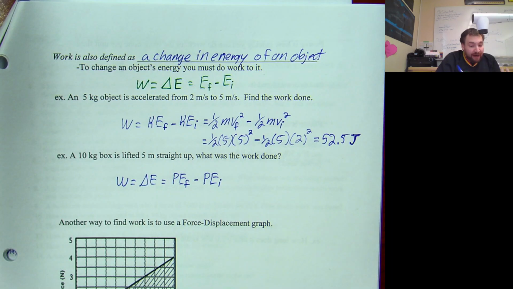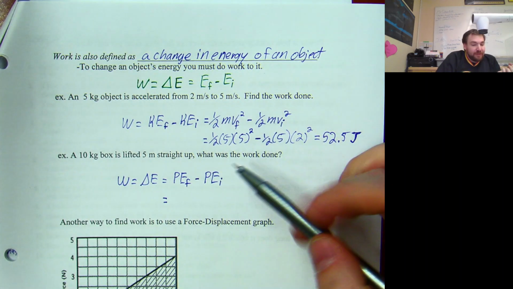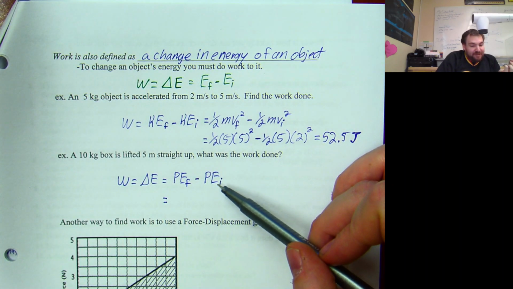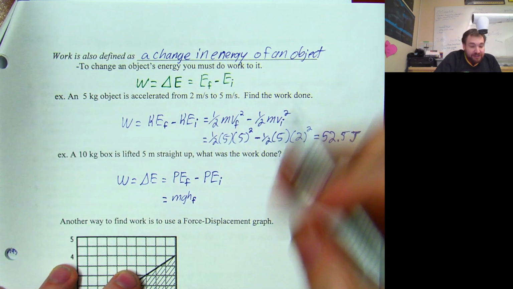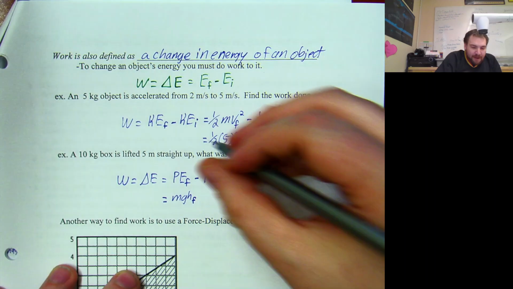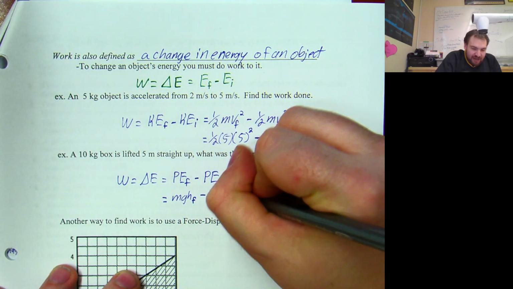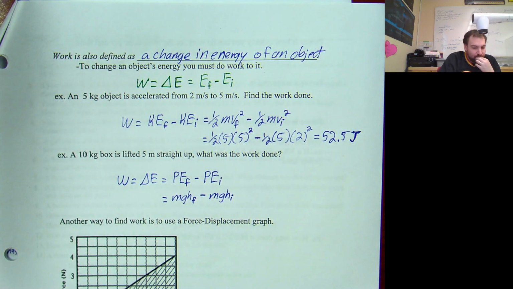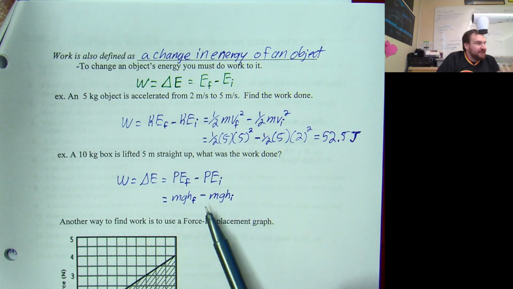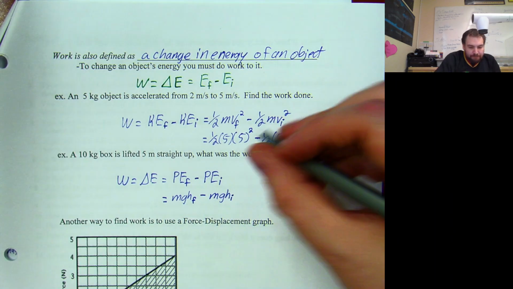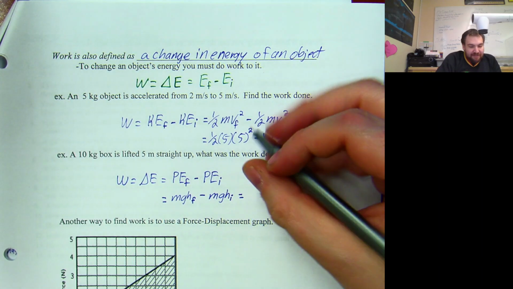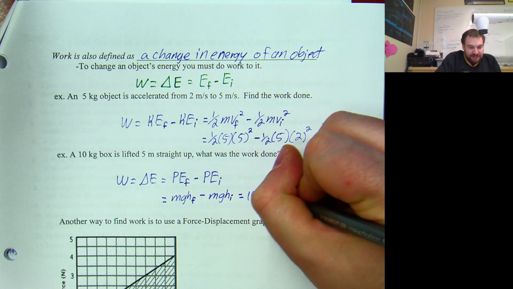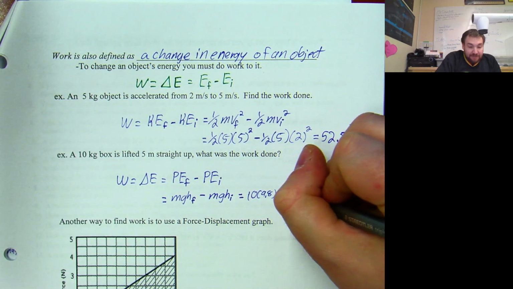So mgh final is going to be our expression for potential energy, minus mgh initial. The final and initial change only in the height because the mass of our object isn't changing. We're going to have 10 times 9.8 times 5.